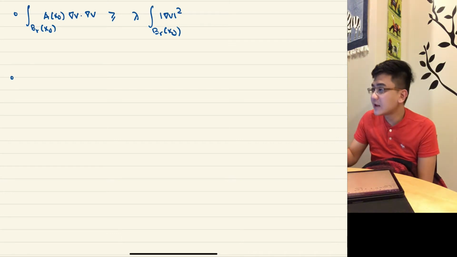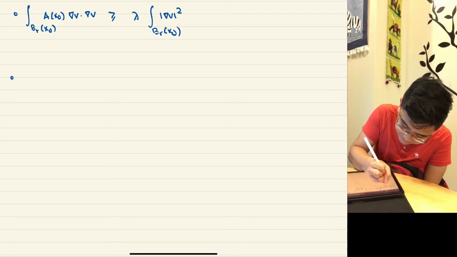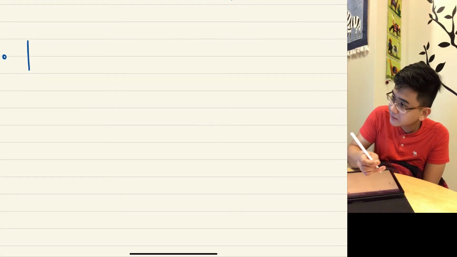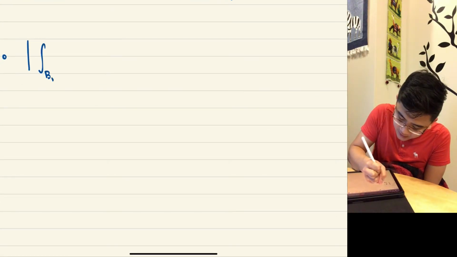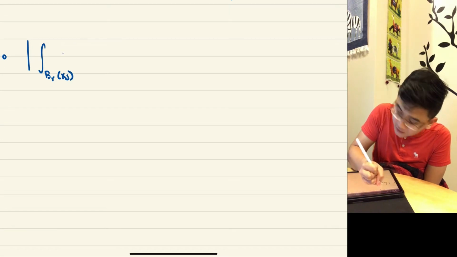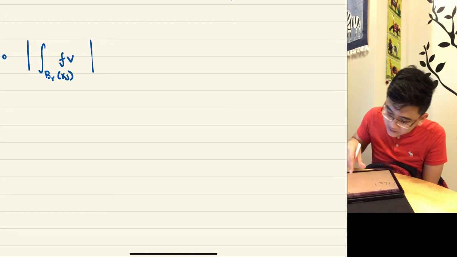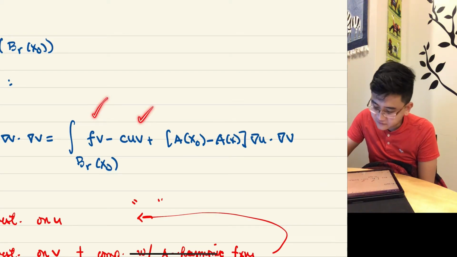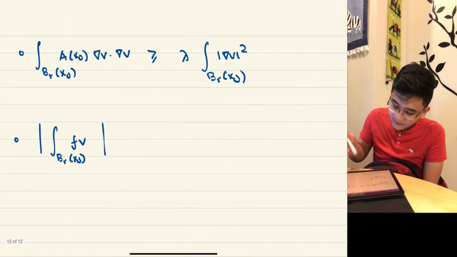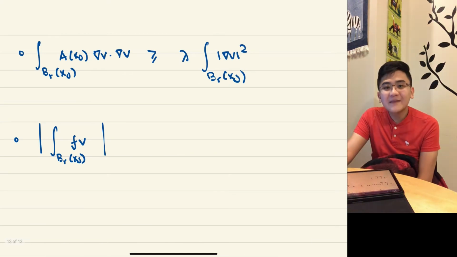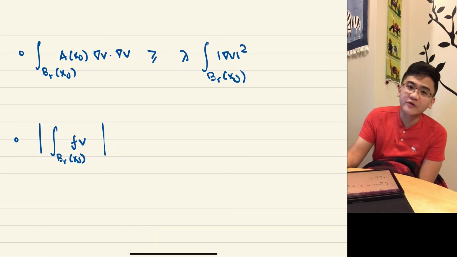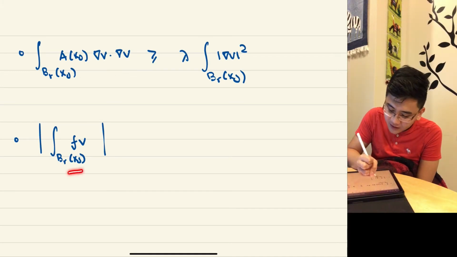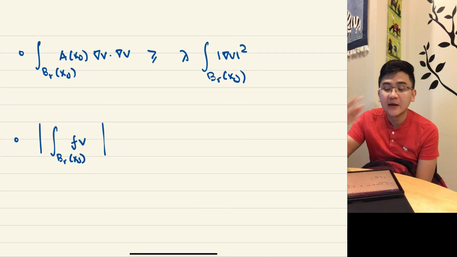So next one, let us estimate this term. We have the integral, let's zoom in a little bit, over B_R of x0 of F V. What I'm doing at this point is just making estimates for each of these terms. So what is the straightforward thing to do? When you're estimating the integral of a product, you use Hölder's inequality.